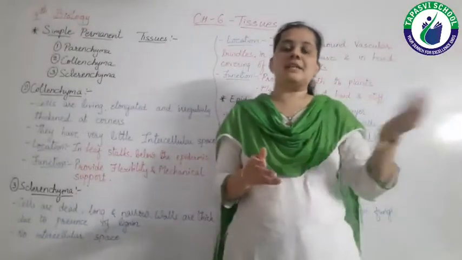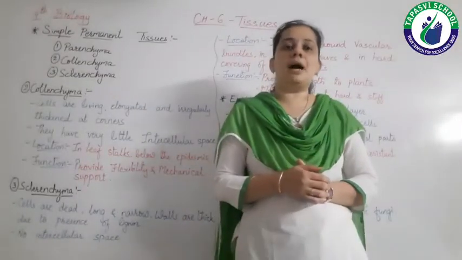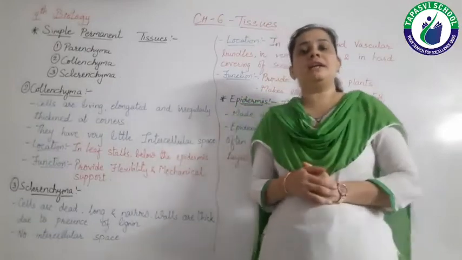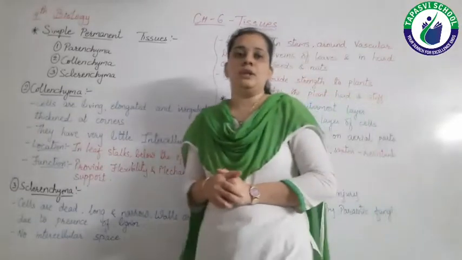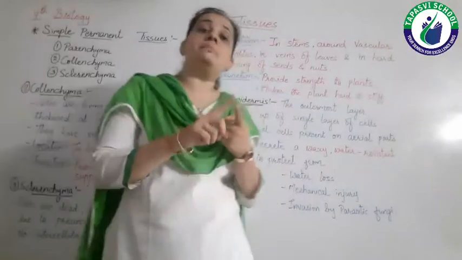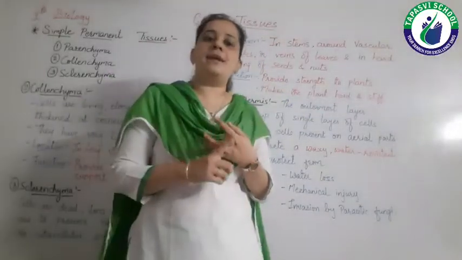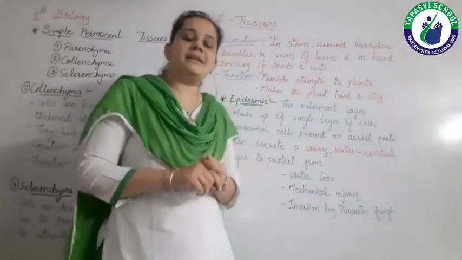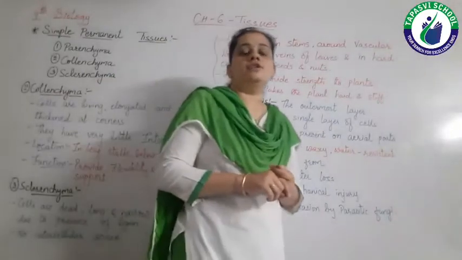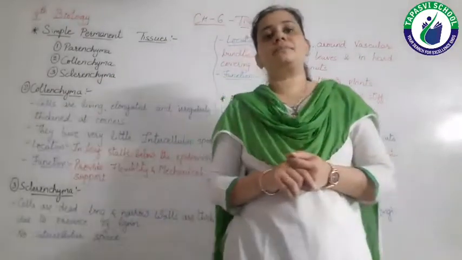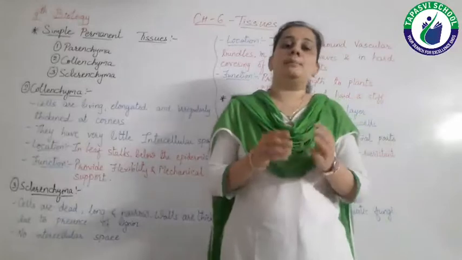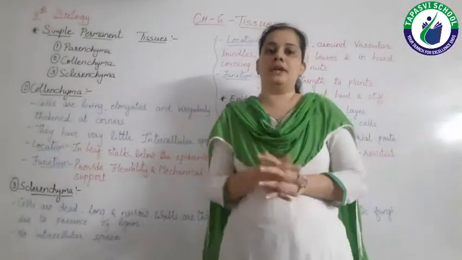In the previous lecture, we studied about the different types of tissue. That is, we have studied about meristematic tissue and permanent tissue. Meristematic tissue is generally found in the plants at the parts which are growing, right?